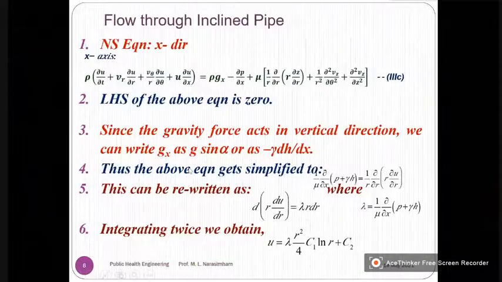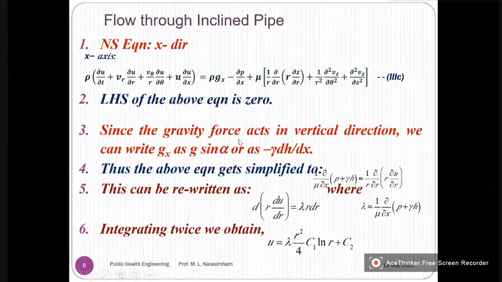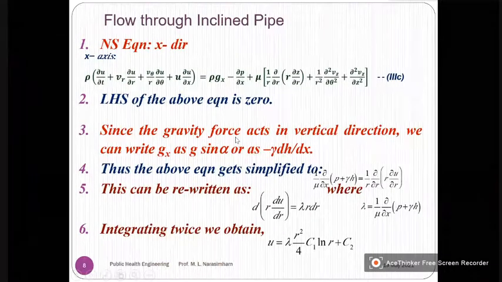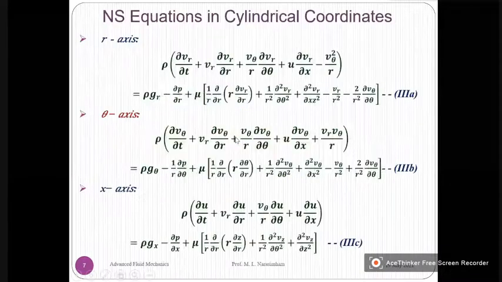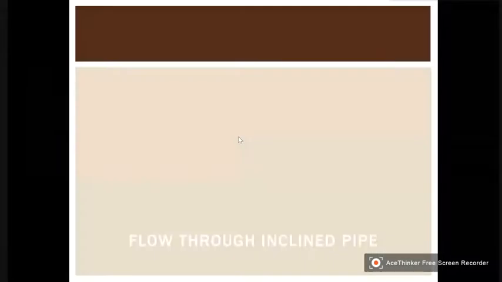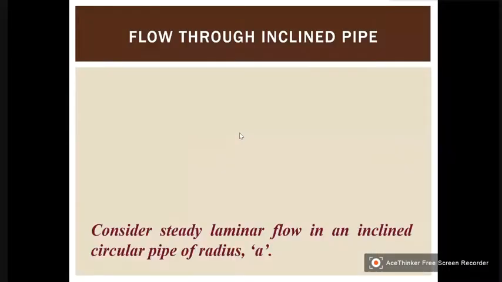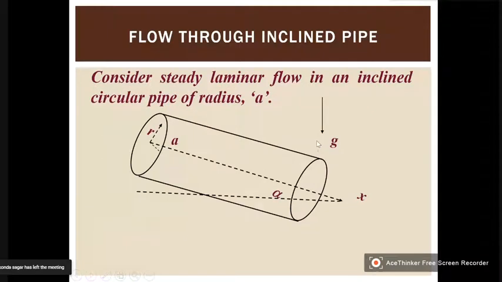Okay. Since the gravity force acts in the vertical direction, as we have seen earlier, it is acting vertically downwards. So the component of this, we have to find out in this direction.